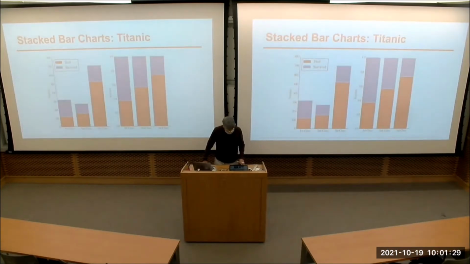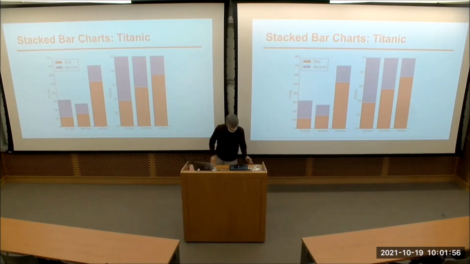Okay, good. Here are two stacked bar charts, which are simple graphics showing you how many people survived and died on the Titanic. The Titanic was the famous boat that Leonardo DiCaprio took to the United States. They made a movie. It hit an iceberg.